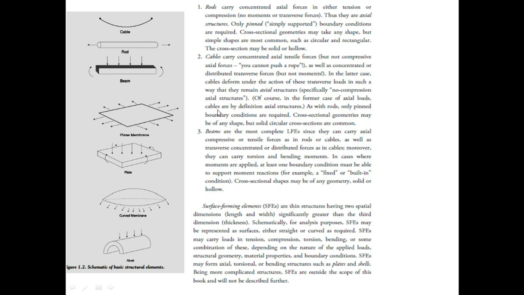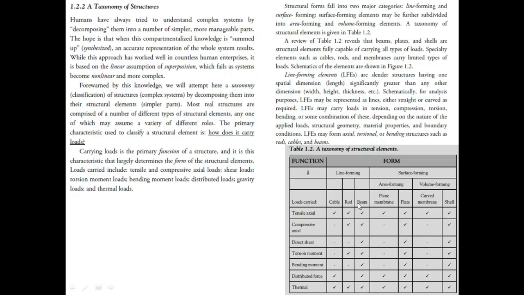Beams are the most important; we will do beams. Now again, they themselves are talking about where the beams come in. These are the beams. They are the most complete line forming elements since they can carry axial loads. If you go to the previous picture of our taxonomy and look at the beam, you see all ticks. Why? This shows the importance of beams in mechanical engineering, structural engineering, architectural engineering, automotive engineering, aerospace and aeronautical engineering.